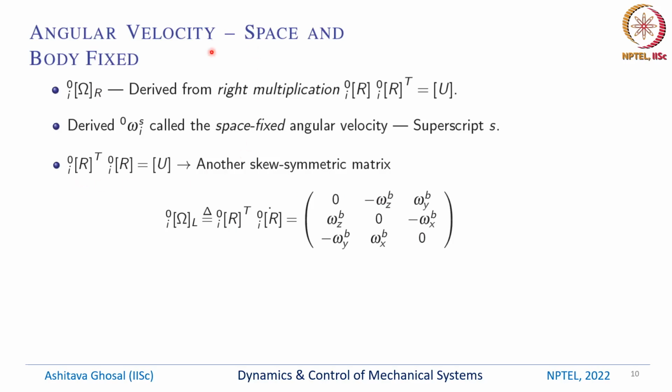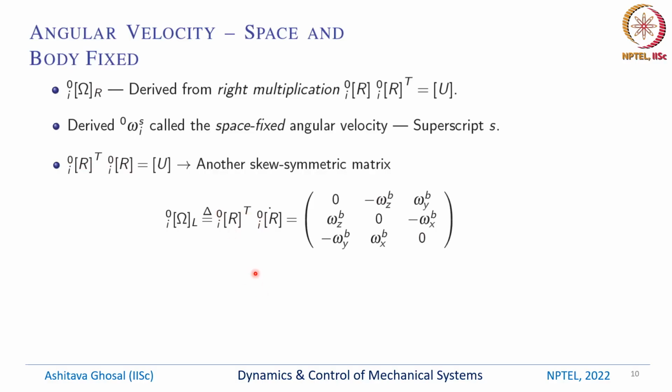Another way to derive a skew-symmetric matrix is to look at pre-multiplication. So I have a rotation matrix. I can pre-multiply by R transpose, and again I will get identity. So again, if I take the time derivative of this matrix product, I will get another skew-symmetric matrix.